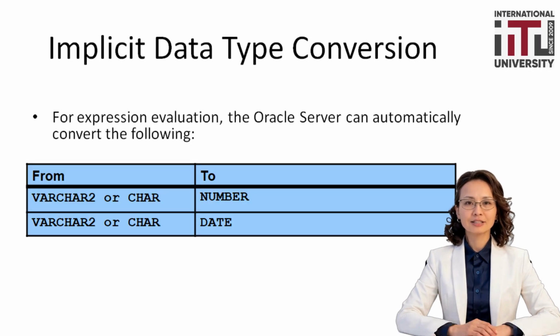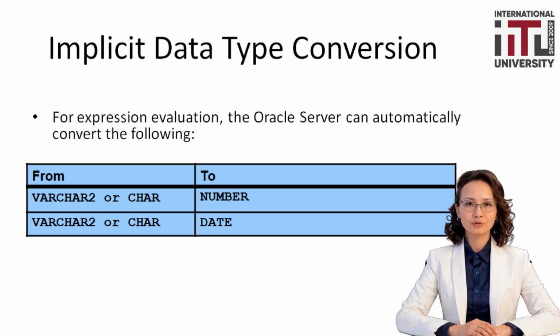This slide introduces the concept of implicit data type conversion in Oracle. Implicit conversion occurs when the Oracle database automatically converts one data type into another during expression evaluation. This happens without explicitly writing conversion functions such as ToNumber or ToDate.